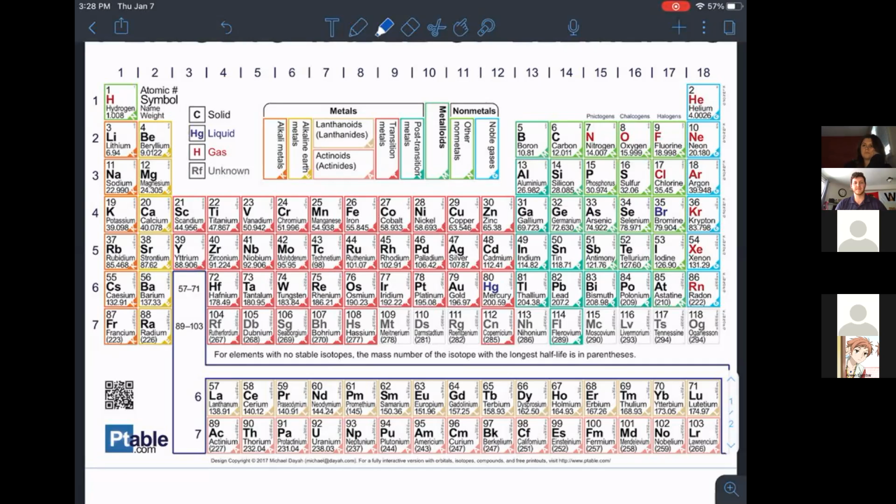Anybody remember? The amount of energy required to remove ions? Not ions, electrons. Electrons. Perfect. All right. The amount of energy required to remove an electron.